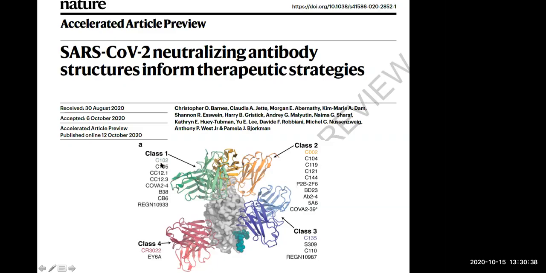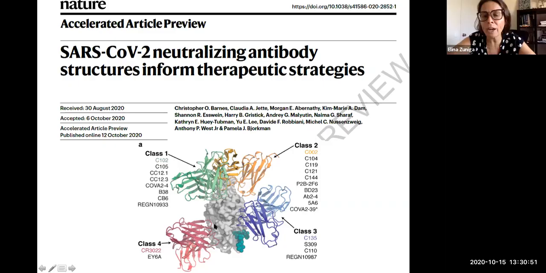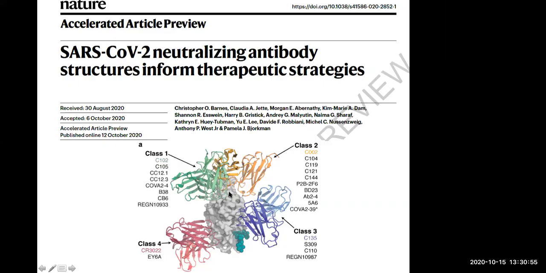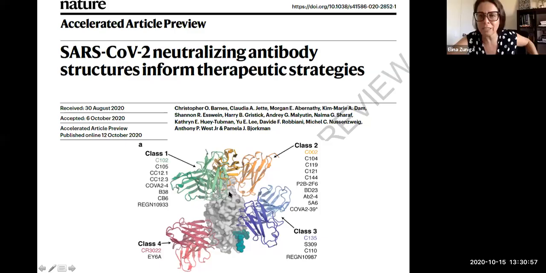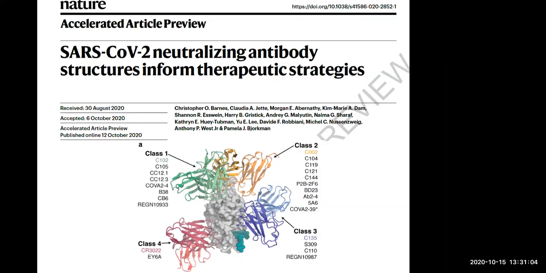And are those classes things that they divided all the antibodies into depending on where they bound on the ACE protein? Where they bound on the viral protein. The ACE is the protein on our cells, right? Yeah. You got it, Larissa. Yes. Okay. Cool. It's pretty cool.